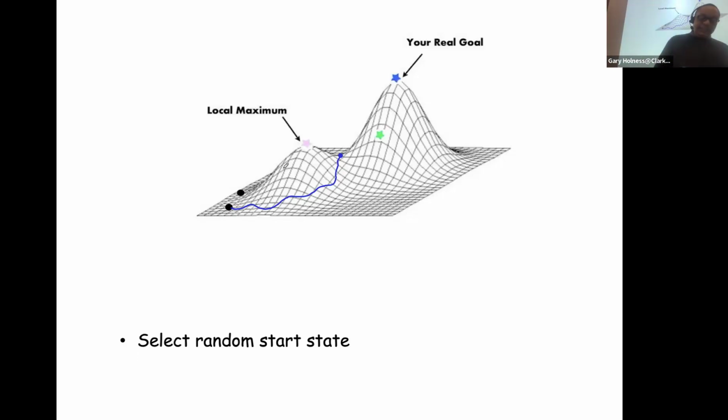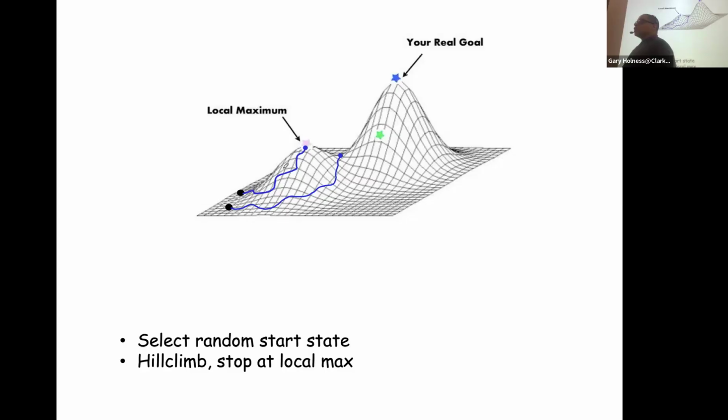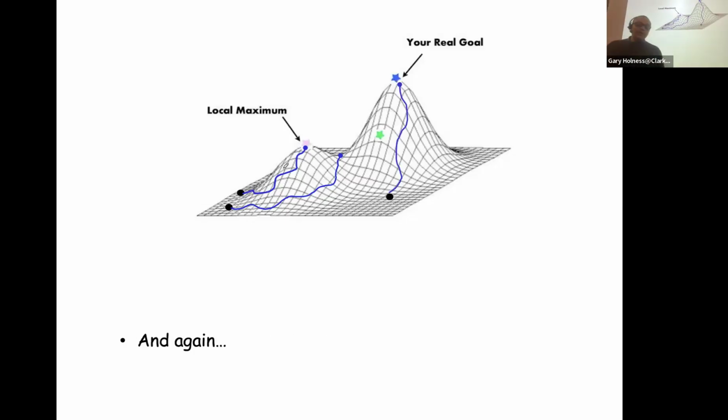Then you select another random start state, perform hill climbing until you reach a local maximum. Then you select another random one. You do it again and again and again. And the idea is if you have many local maxima, one of them is going to be the global maximum. It's going to be the largest local maximum among all of the maxima in your landscape. So if you randomize the selection of a start state and run hill climbing, maybe, just maybe, one of these pathways might be in the vicinity of your global maximum.